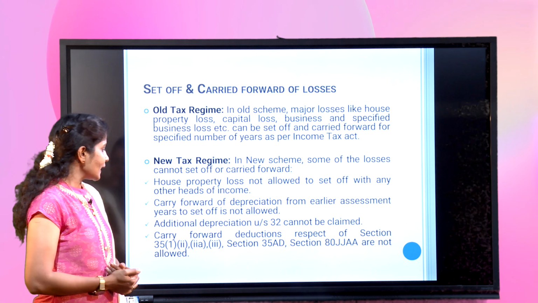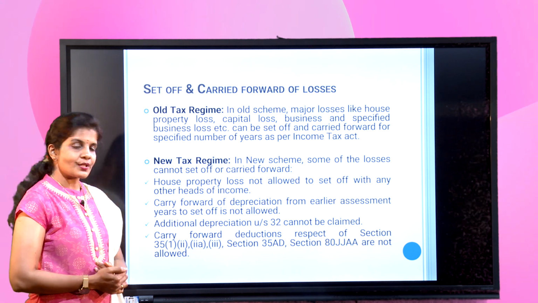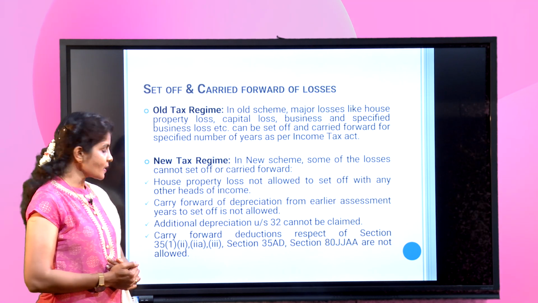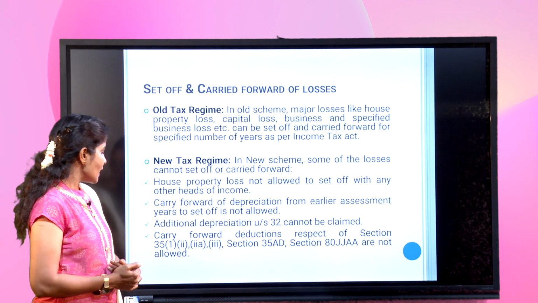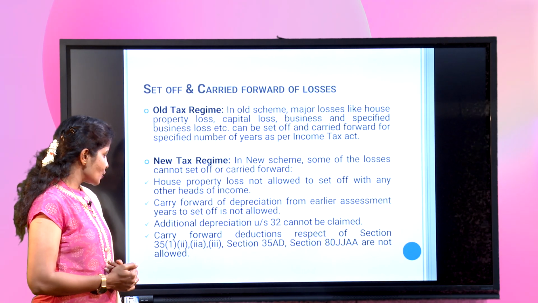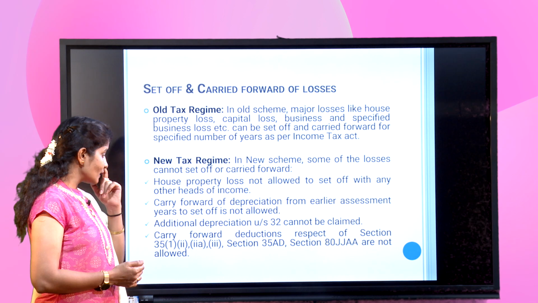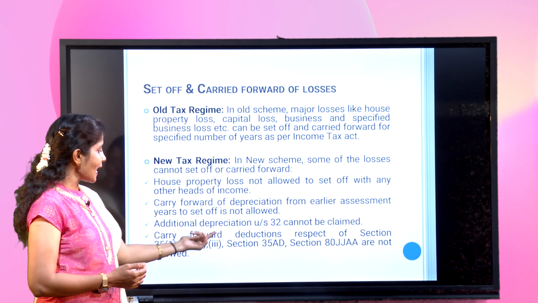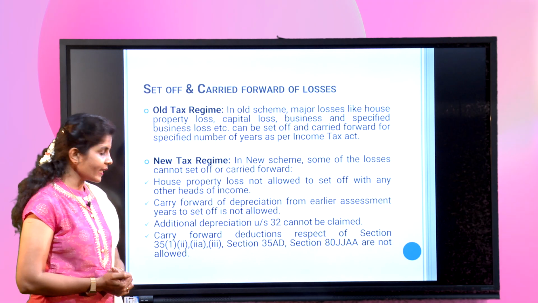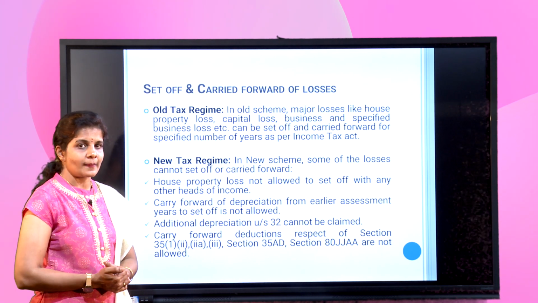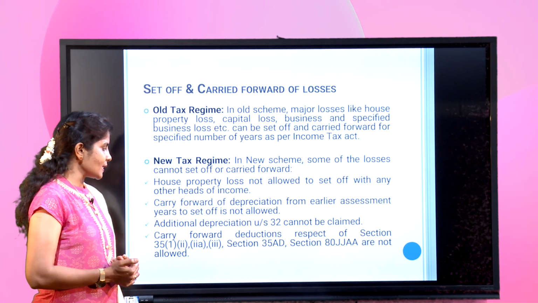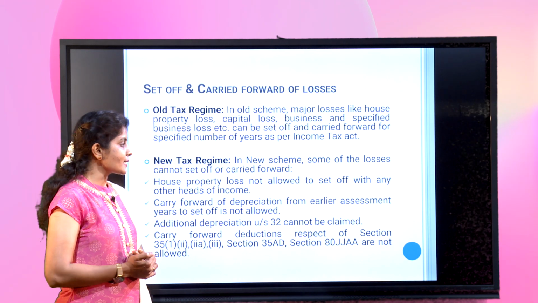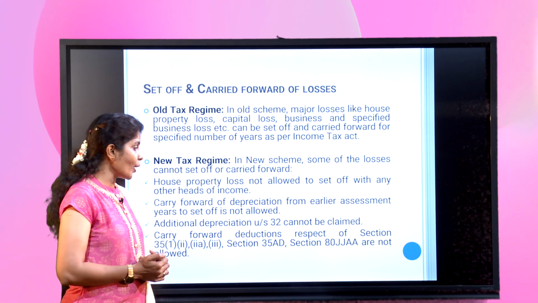Next, further, the carry forward of deduction under section 35, that is scientific expenditure, subsection 1, clause 2, subclause 2A, and section 3, subsection 3 as well. So these are the deductions, and also further section 35AD, that is capital expenditure, expenditure on capital assets. Next, section 80JJA, that is additional employee cost.